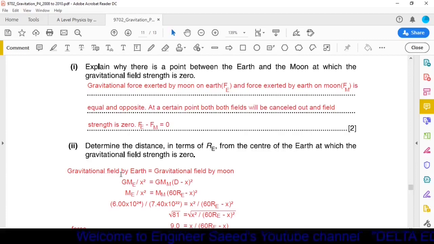So for gravitational field by Earth we can write G ME over x square, where ME is the mass of Earth and x is the distance from center of the Earth to the point where the gravitational field is equal to 0. Gravitational field by Moon is given as G MM over (D minus x) whole square. G is the gravitational constant, MM is mass of Moon, and D minus x is the distance from center of the Moon to the point where the gravitational field is equal to 0.